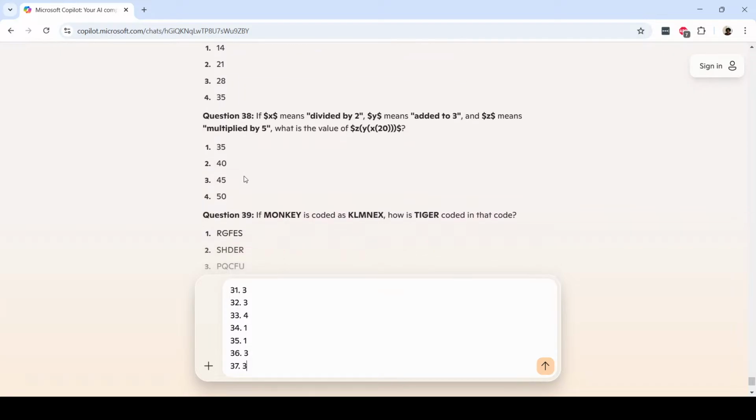Okay, so again we have got the same question or what? Okay, so for Z it is multiplied by 5, Y means added to 3, and X means divided by 2, and our value is 20.